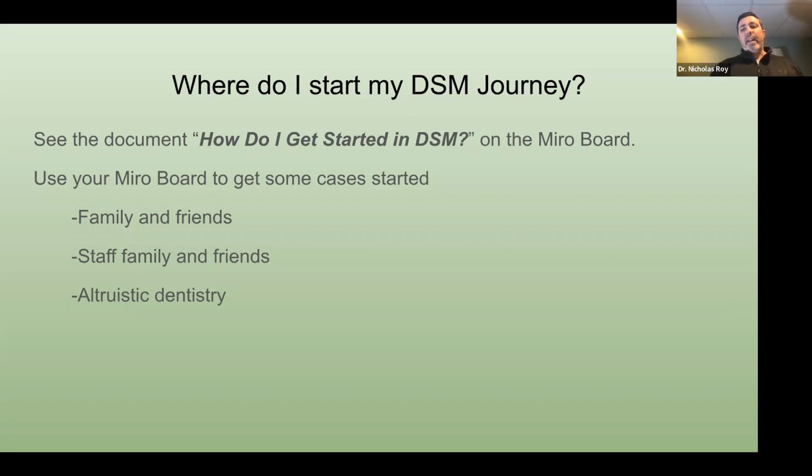The point is that I often had mentors in my community that were there in case I got into trouble. I obviously talked to them before I started any case. The documentation in the Miro board is extremely thorough so that you can choose the patients in a very safe manner using the tools that you'll find there.